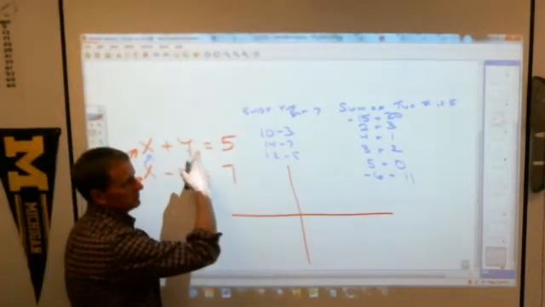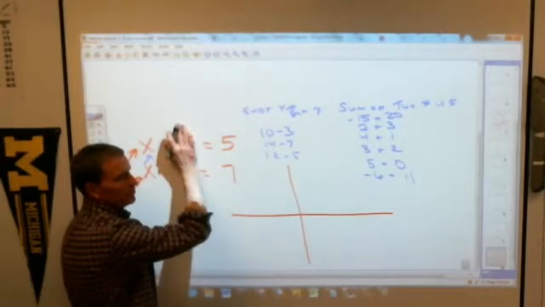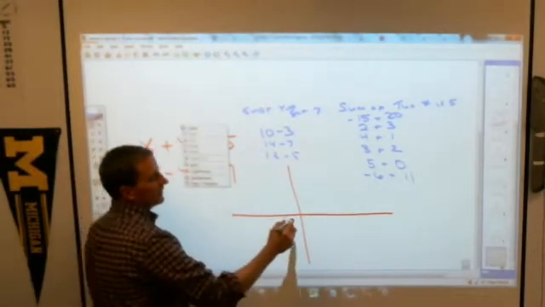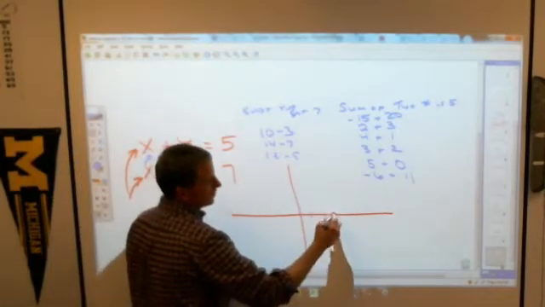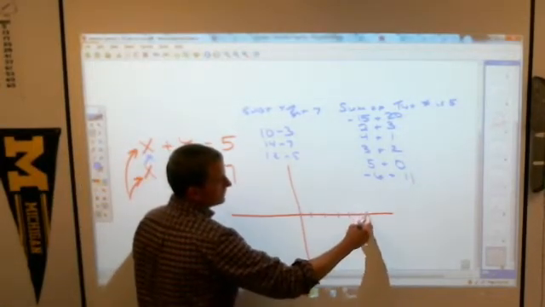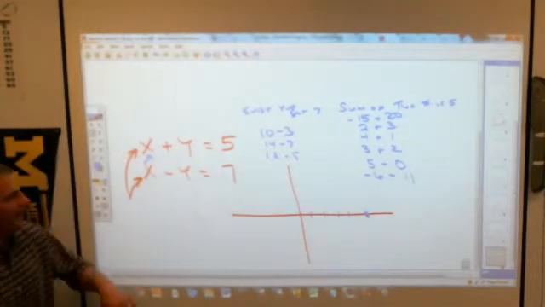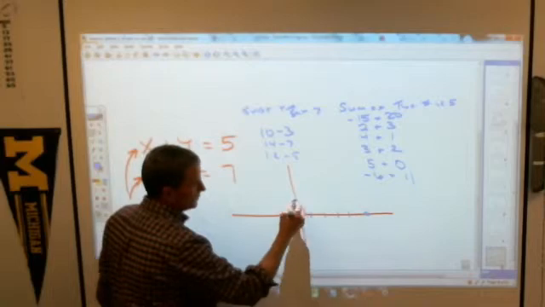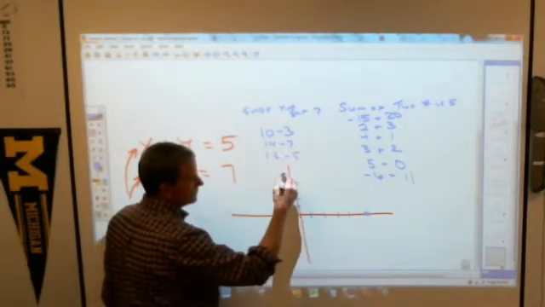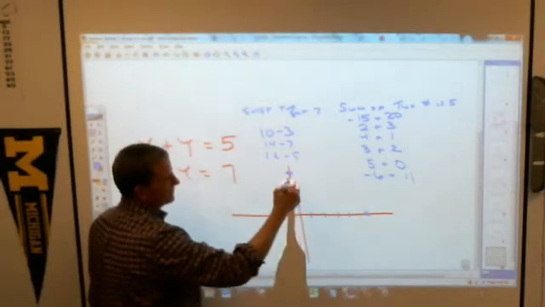My x-intercept is, put 0 in for y, x equals 5. So here, 1, 2, 3, 4, 5. Put 0 in for x, y is 5. 1, 2, 3, 4, 5. Did I get that kind of close?